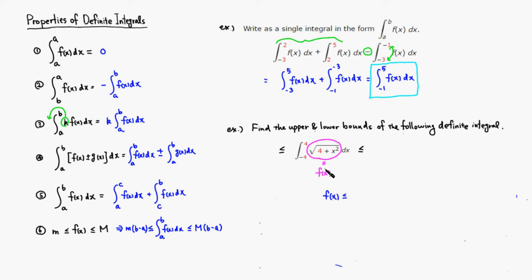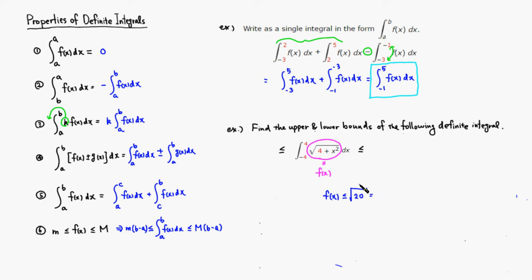Looks like x goes from negative 4 to positive 4. For the biggest value you would plug in either 4 or negative 4. So this is the square root of 4 plus 4 squared. 4 squared is 16. 16 plus 4 is 20.